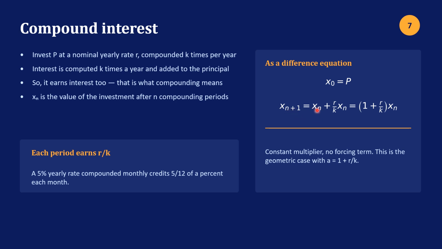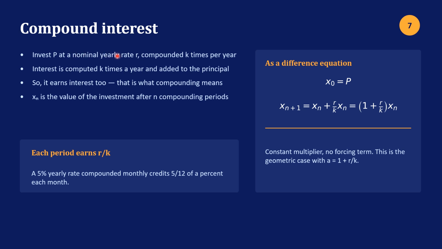You have whatever you've accumulated up to the previous period, n, and then you add the interest over that next interval, which is r divided by k, and you get this amount. I just factored out x sub n here. So the constant multiple is a, and that gives our formula.